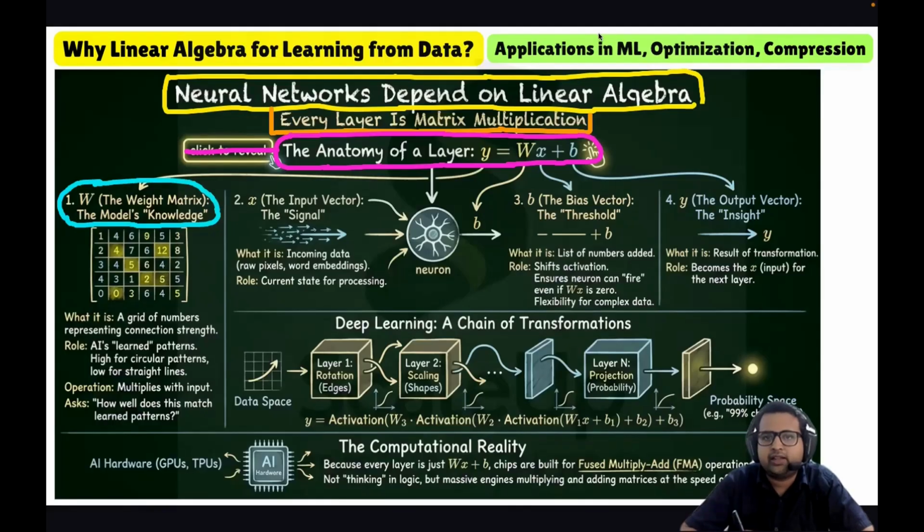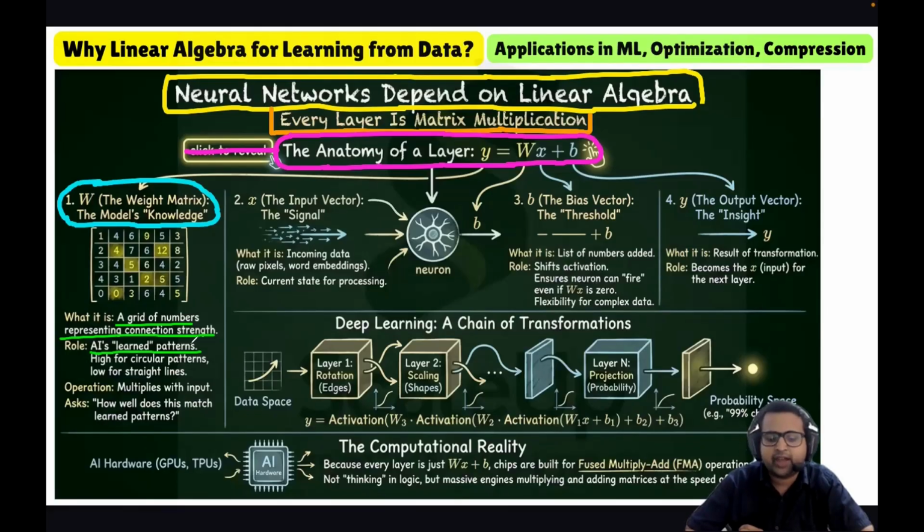This weight matrix is basically a grid of numbers representing the connection strengths. It is the one which the AI learns. It represents the AI's learned patterns, the model's knowledge, and this is what the AI actually learns during training.